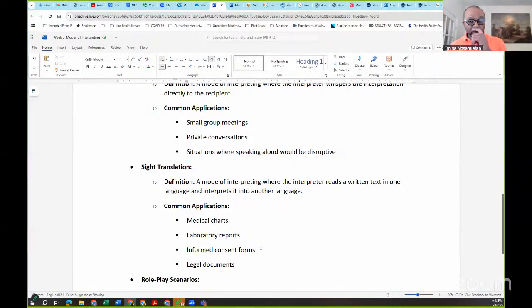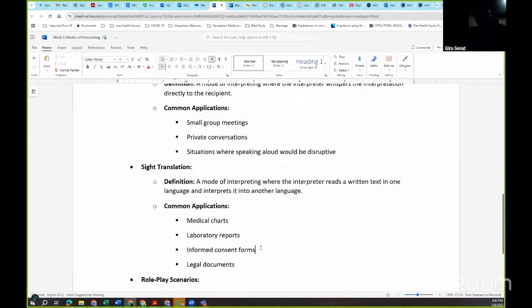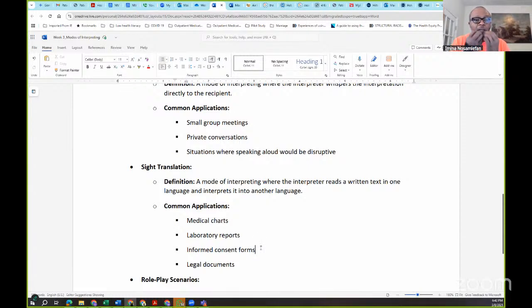Now, notice it's called translation, not interpreting. Here's the reason why. Interpreting is rendition of an oral message. This is not a translation class, this is an interpreting class.